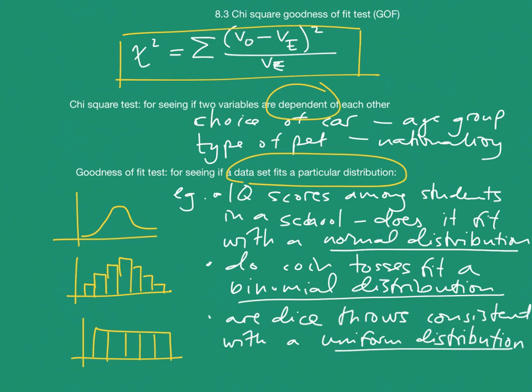So the difference is mainly in purpose, and we also do the test a little differently, but they both involve this formula up here. So that's why the goodness of fit test is also called the chi-square goodness of fit test. It's using this same formula as in the chi-square test.